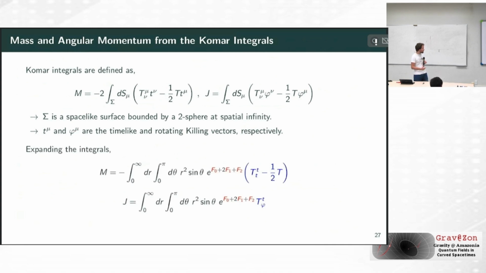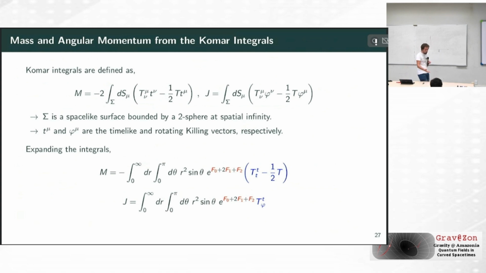In the end, what we have to compute are these two integrals. And these quantities in blue are two of the quantities that are saved in the T44 file that I showed before. So that's why we save those terms of the energy momentum tensor.